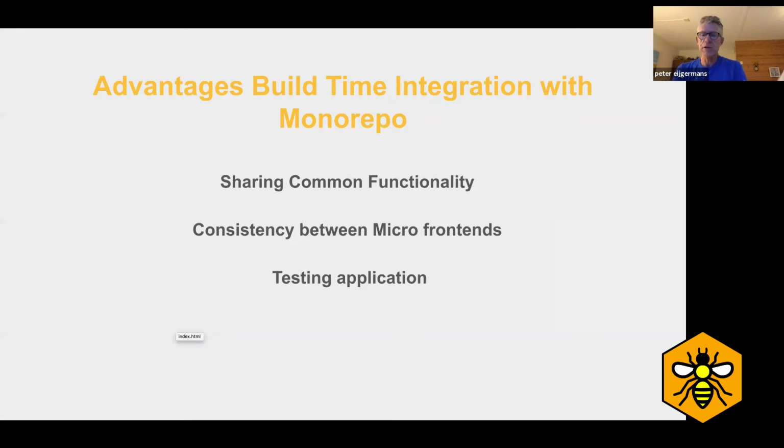Consistency between the micro frontends means that you have the same styling and the same formatting everywhere in the monorepo, so consistency is very good. Testing the application is easier because you load your application in your IDE locally, so you can test all those micro frontends together. And you can also maintain your application quite easily, because, as I said, the whole application is loaded locally via the monorepo.